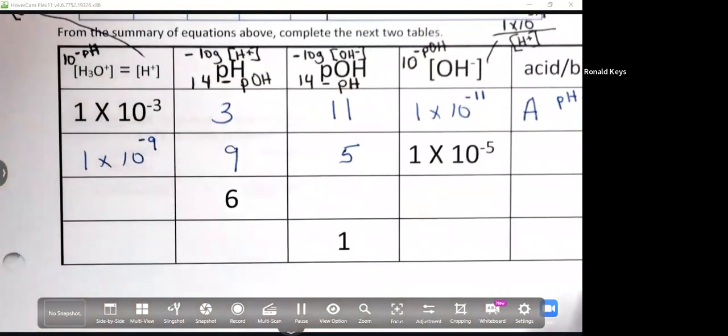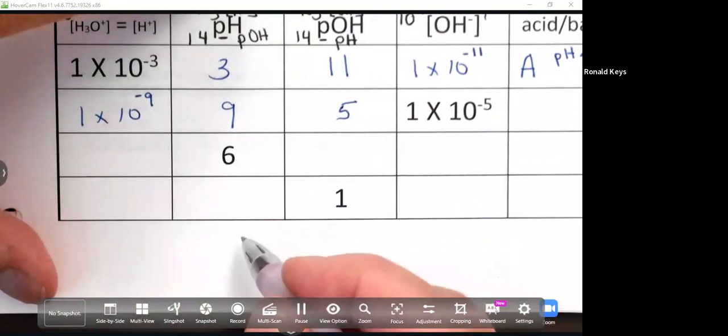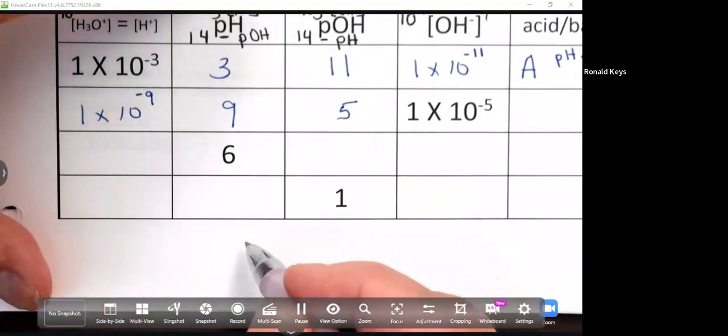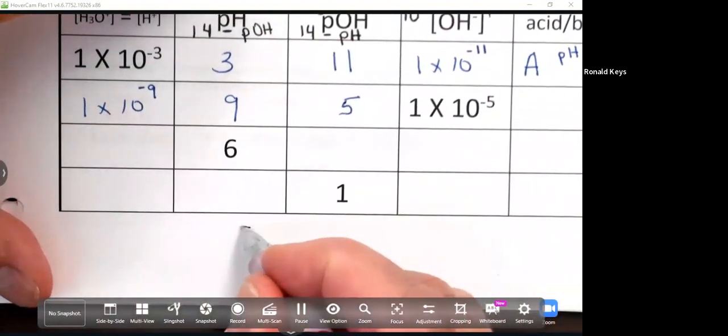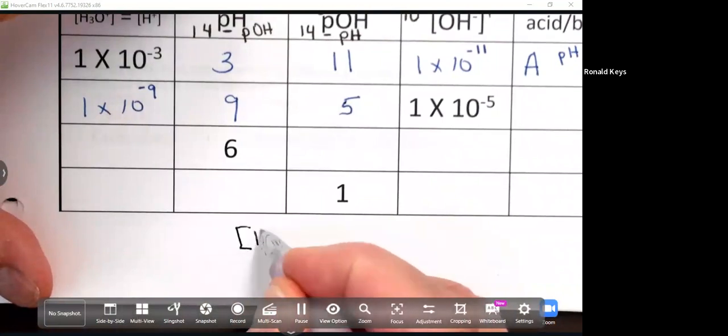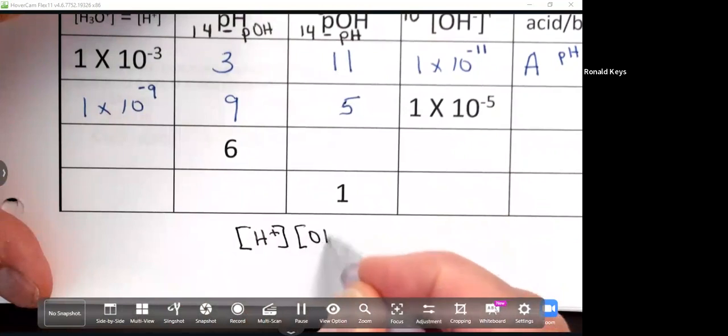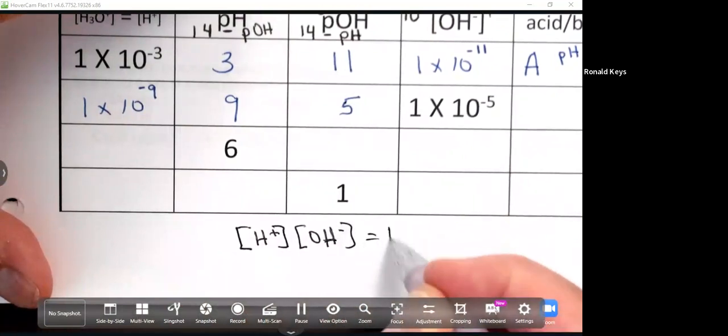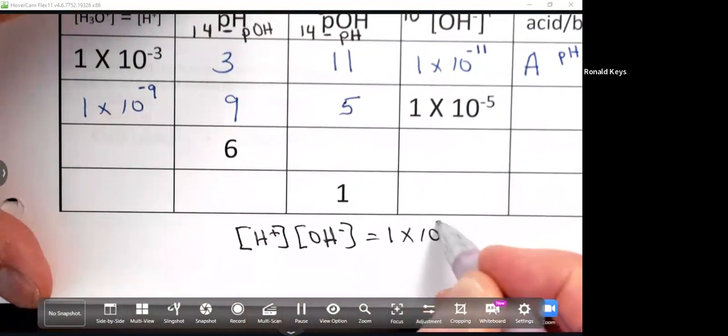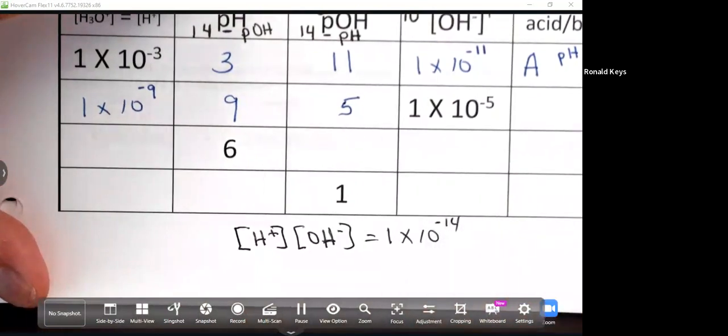Now, you want to make sure that you are correct on these. If you take your H plus times your OH minus, you will always get 1 times 10 to the minus 14.